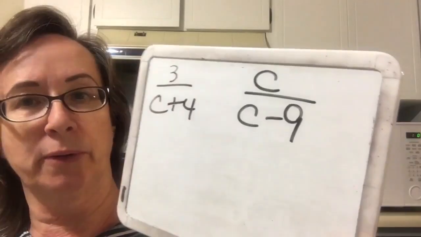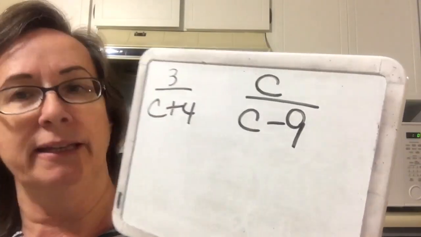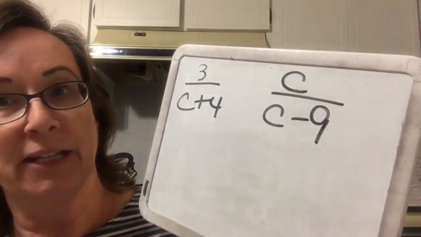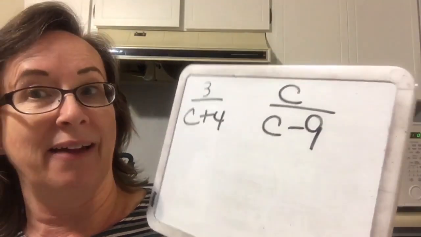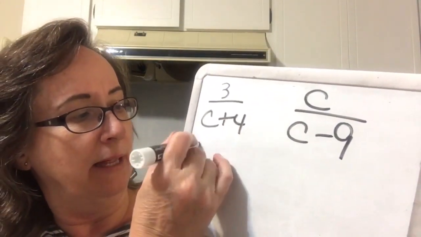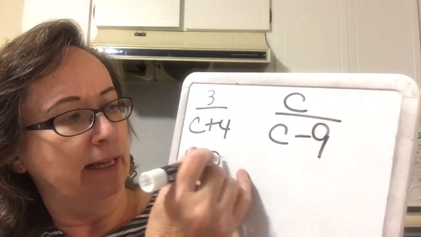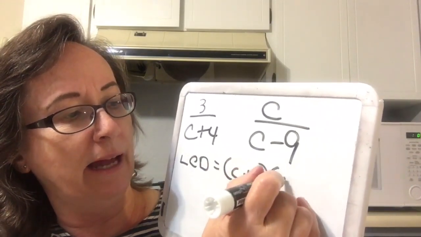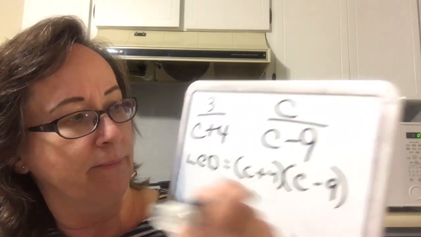So here's another one that we're going to do. And notice that neither one of these denominators will factor. And so we're going to have to build the LCD. C plus 4, C minus 9. The LCD is going to be C plus 4 times C minus 9.